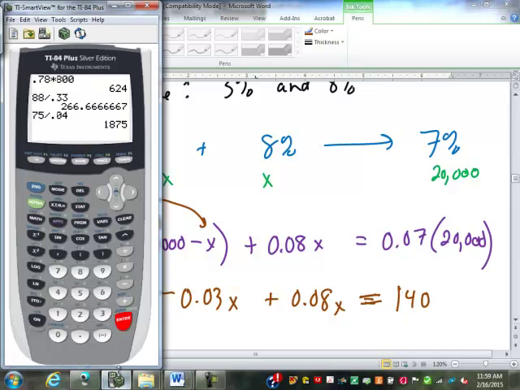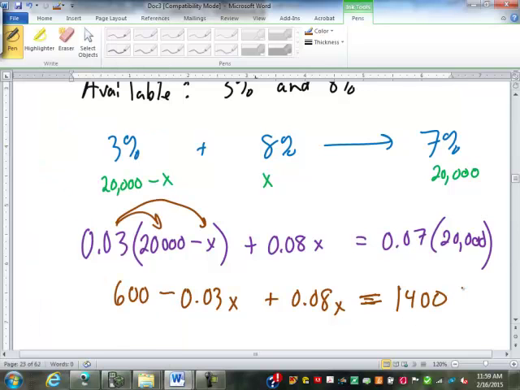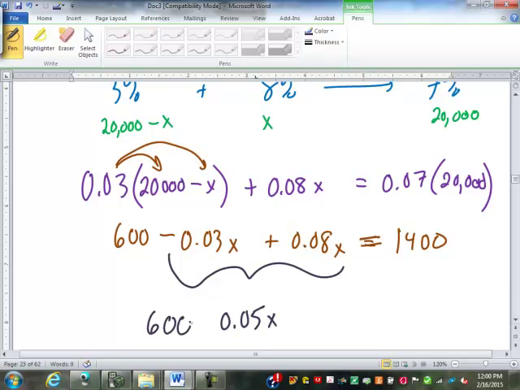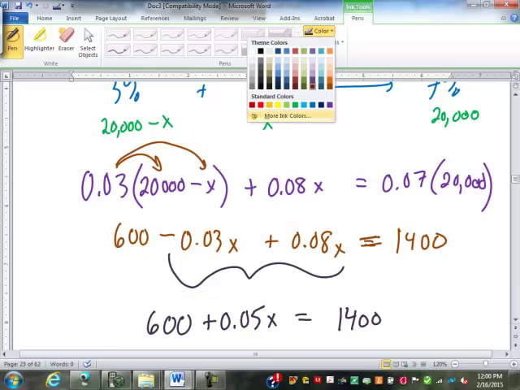Let me double check that. Should be 1,400, but I'm double checking myself. Yes, it is. Okay, so from here, we're going to combine the negative 0.03 and the positive 0.08, which is 0.05X. That's positive, so I'll put a plus there. 600 stays, and it still equals 1,400.